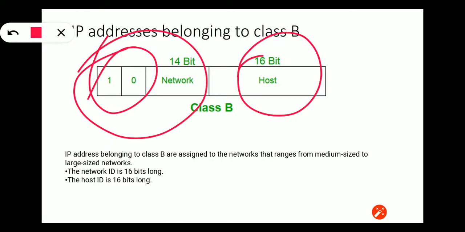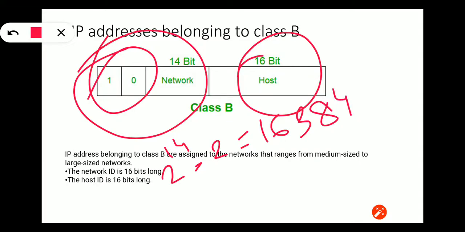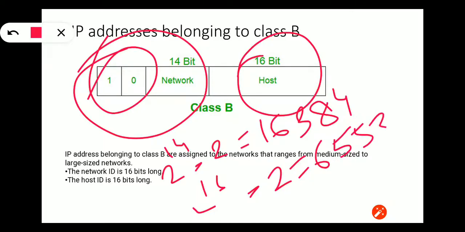So there could be 2 to the power 14 minus 2, which is equal to 16384 networks, and 2 to the power 16 minus 2, which is equal to 65534 host addresses per network.